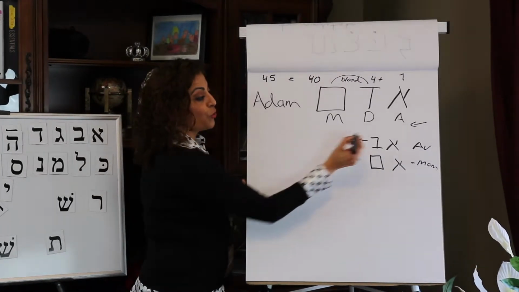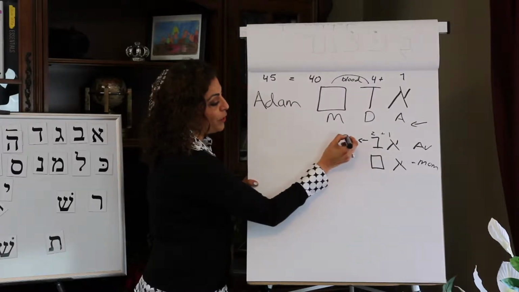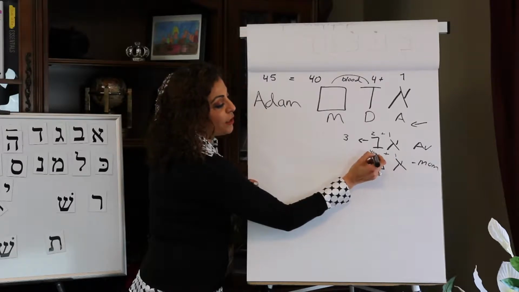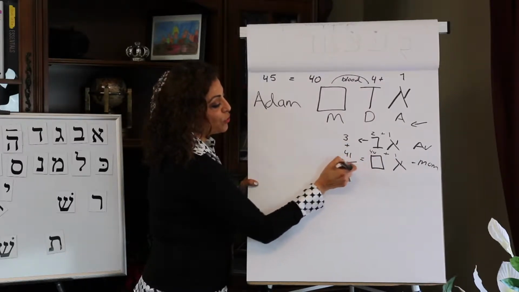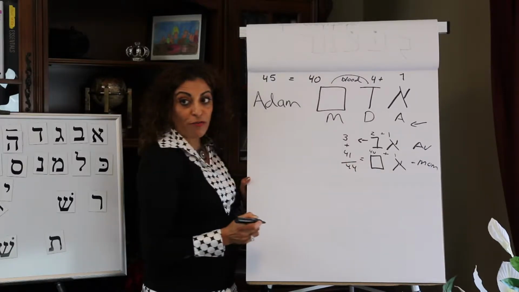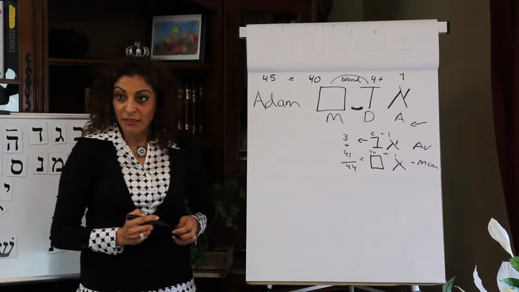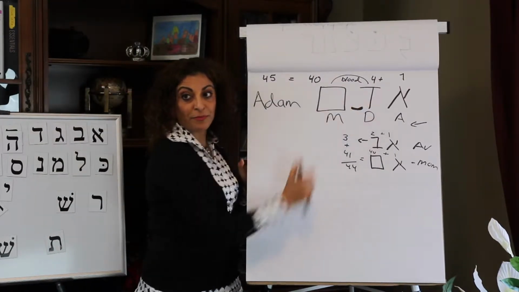Av equals 1 plus 2 equals 3. Em equals 1 plus 40 equals 41. You add those two together, you get 44, which is dam.